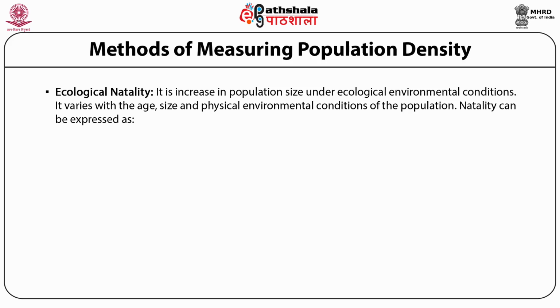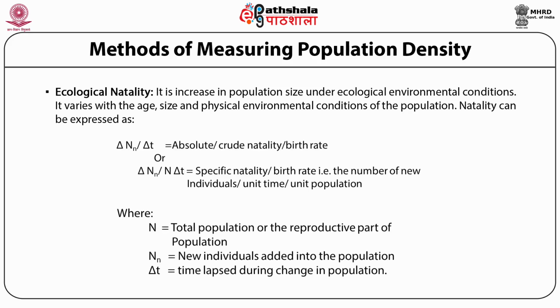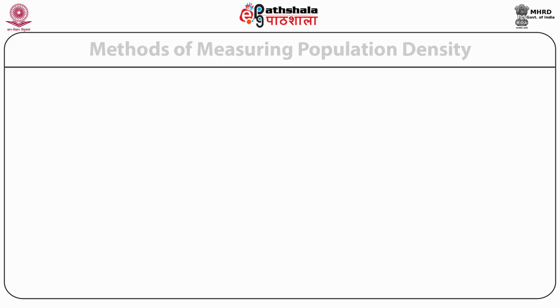Natality can be expressed as delta N divided by delta t, that is the absolute or crude natality per birth rate, or delta N divided by N delta t, that is the specific natality per birth rate, which is the number of new individuals per unit time per unit population.